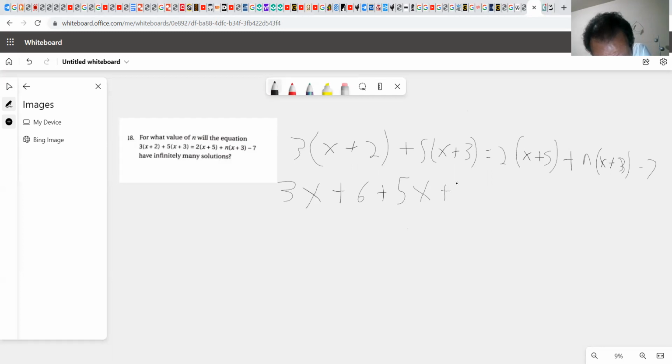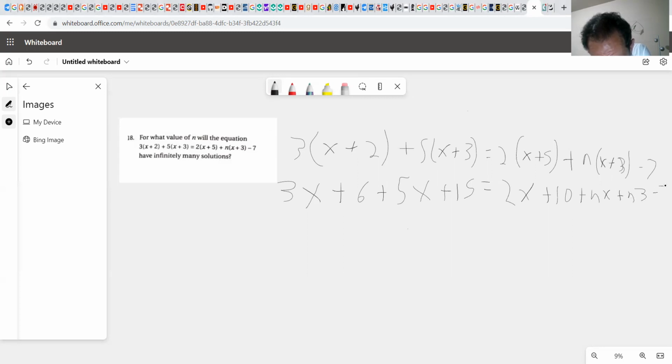Now the right side, just distributing: 2 times x is 2x, 2 times 5 is 10, so plus 10, plus nx, plus n times 3, I can just put 3n, minus 7.